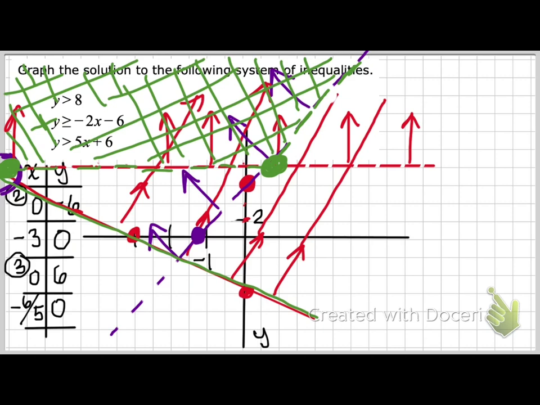We're finding these corner points, which are important in a topic later on. The overlap, the corner points, and then the edges, of course. And that's a system of inequalities with two or more equations.